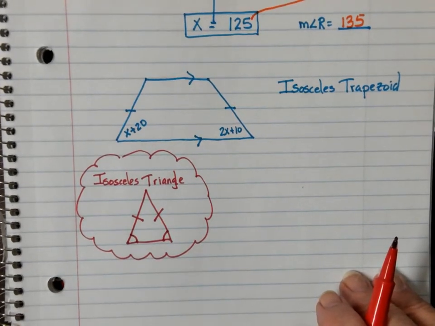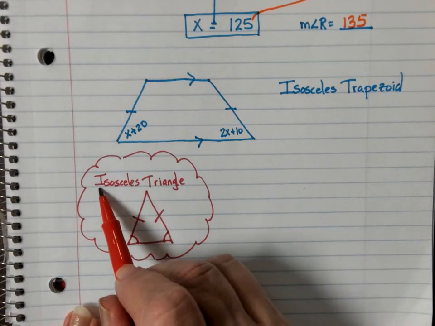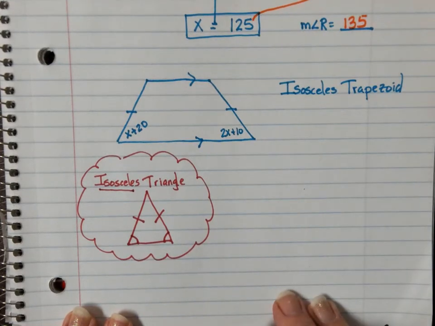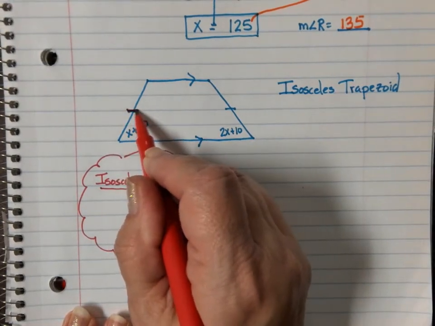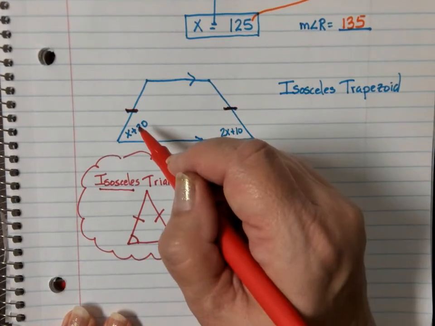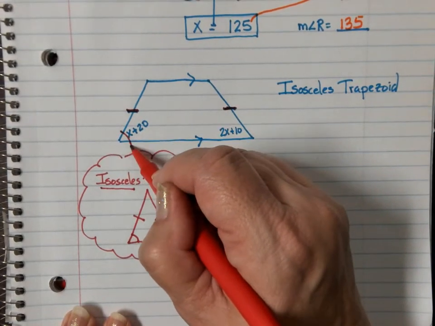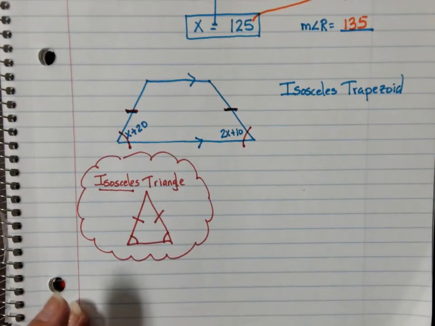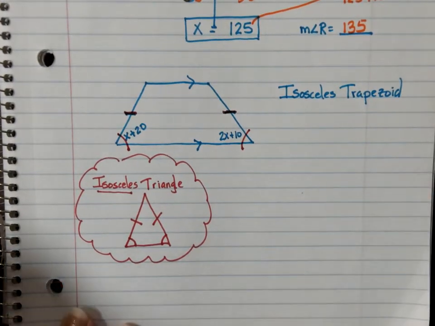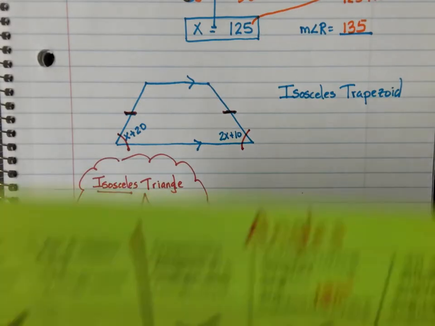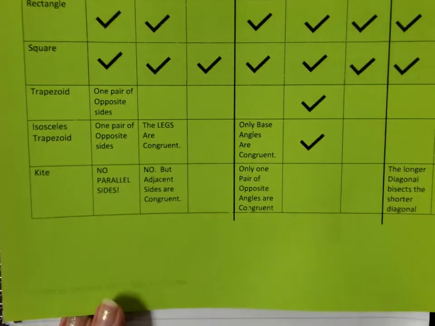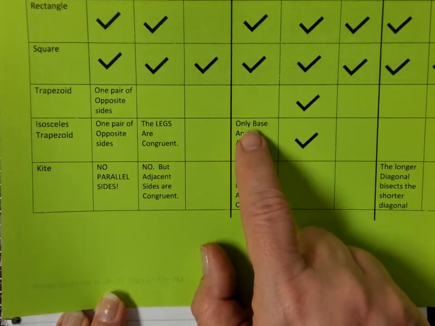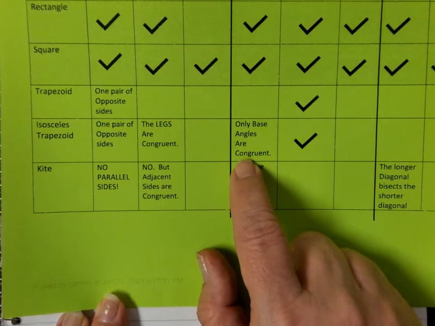Well, here's what's so awesome, the connection. Isosceles triangle, isosceles trapezoid, the same thing happens. If these two sides are congruent, then these two angles are also congruent. The other thing is, when you look at your chart, isosceles trapezoid, base angles are congruent.